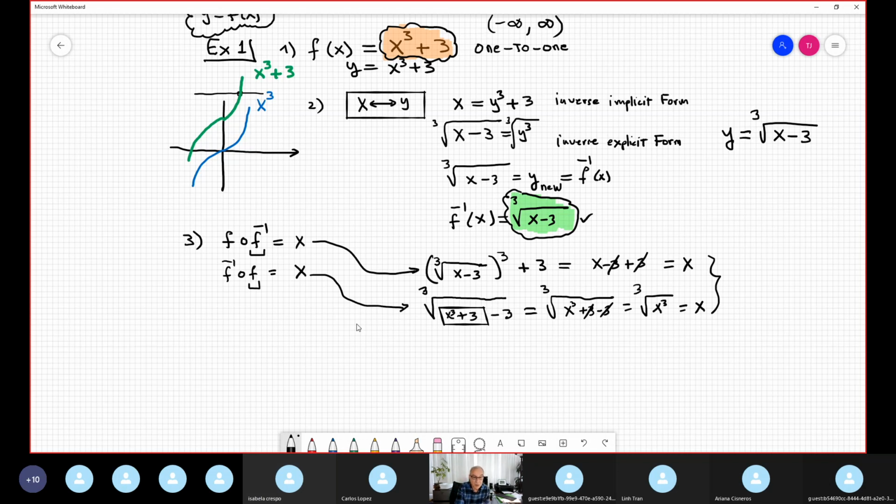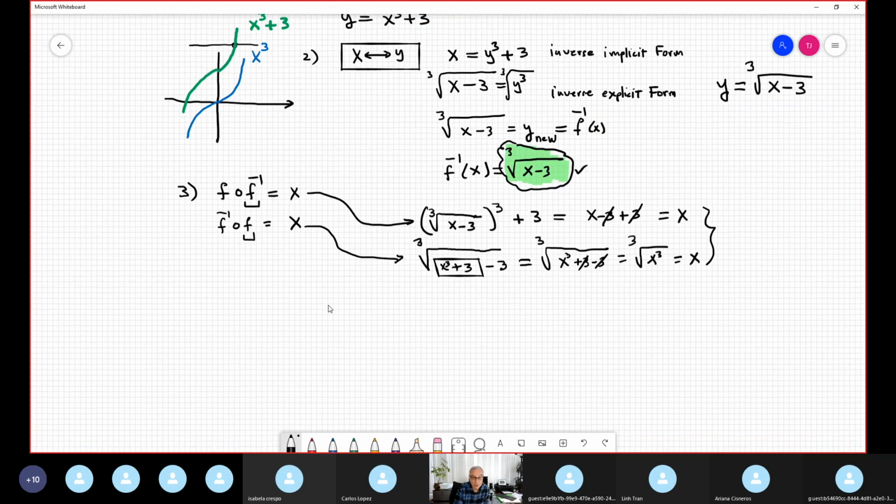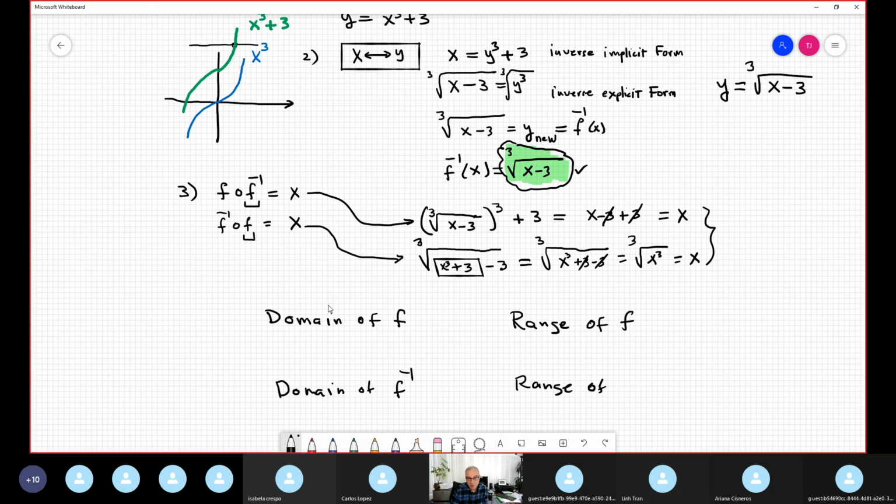Okay, now number 4 is to determine the domain and range of the two functions: the domain of the original, the range of the original, the domain of the inverse, and the range of the inverse. For me, it's hard.